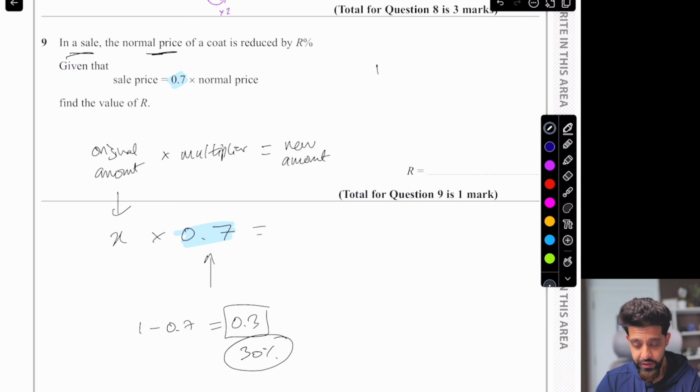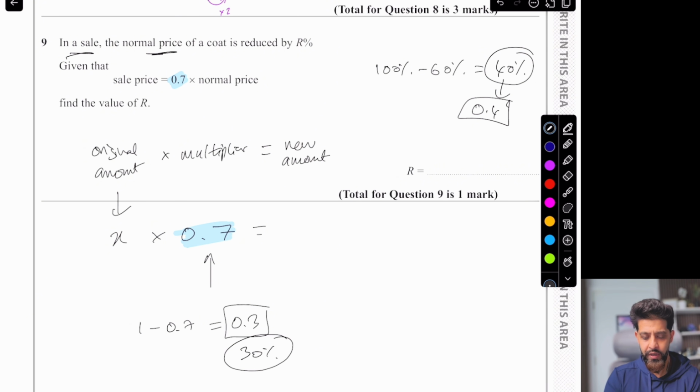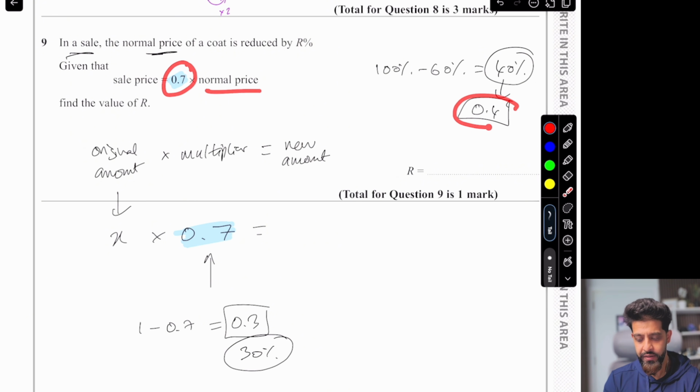You do 100%, take away the 60%, that is 40%. So a multiplier for a reduction of 60% would be 0.4. If you see 0.4 where the normal price has been multiplied, then you should know that it's been reduced by 60%.